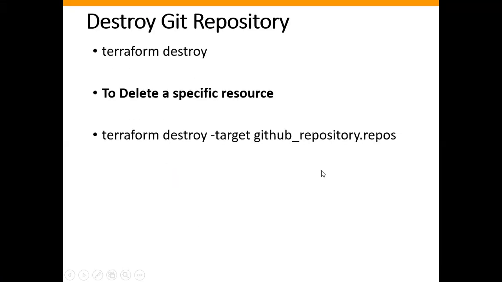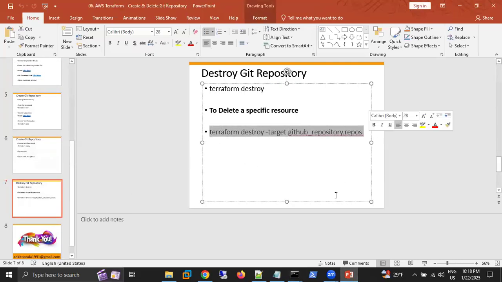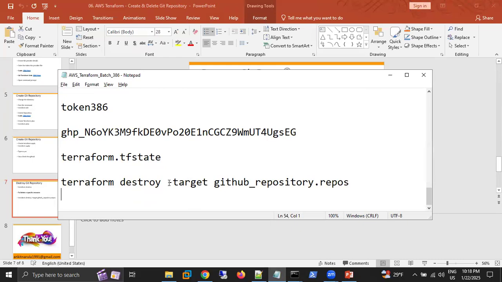But in Terraform destroy, we have to give the target. So terraform destroy -target resource_type.local_name. Whatever resource is stored in that local name, that particular resource they are going to destroy. You have created 10 different repositories with different local names.